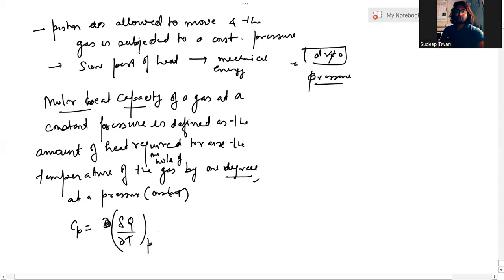Now no longer would my P dV be zero. So my Cp would be equal to what? Let me take a little bit of time.